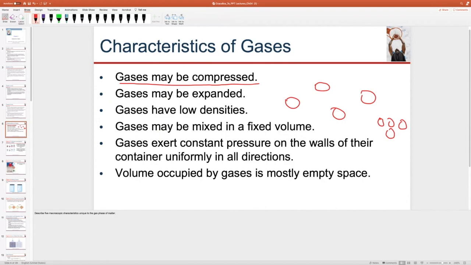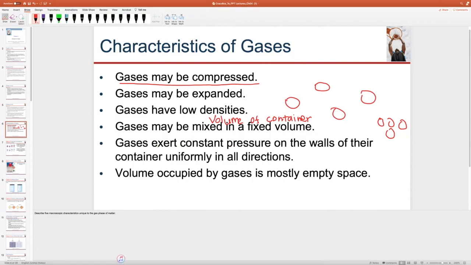Gas, as it says here, may be fixed in the volume. That means gas actually has the volume of container. So I'm not using my iPad for this part because this is not downloaded on the iPad. This is actually on my computer, so I'm using my mouse. Excuse my handwriting. This is the volume of container. Then we're told here gases can exert a constant pressure on the walls of the container.